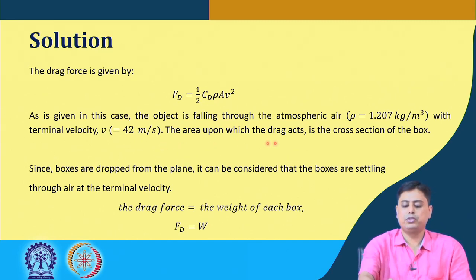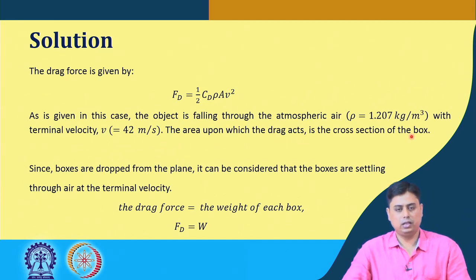The area upon which drag acts is the cross sectional area of the box. For that, we know its side, that is 0.7 meter, so we know the cross sectional area.